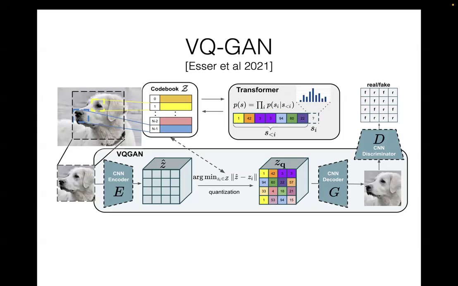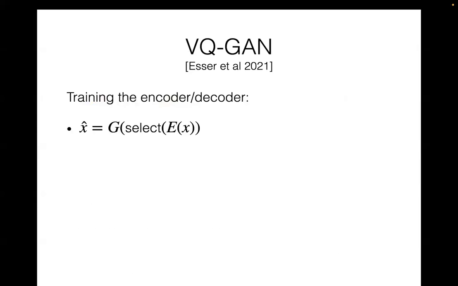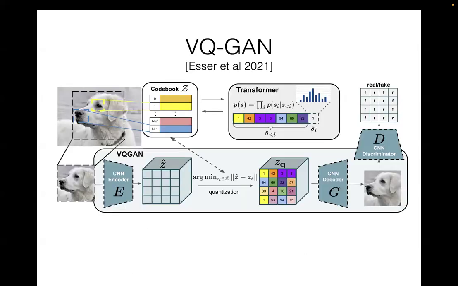This was a paper that got a lot of citations called VQ-GAN. And this will be the tokenizer and detokenizer that's used in the Meta paper that I'll mention at the very end.